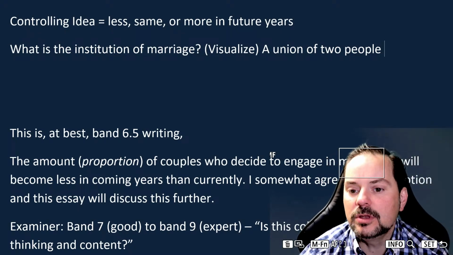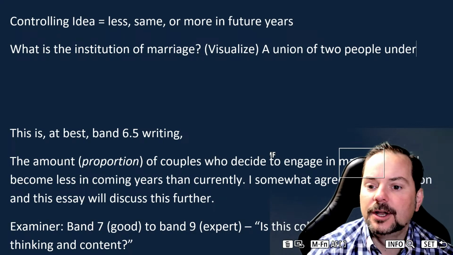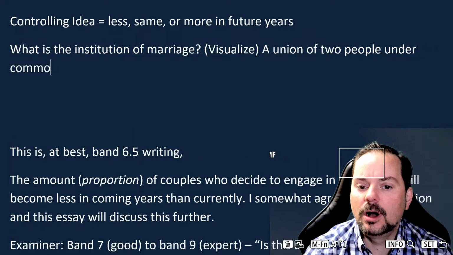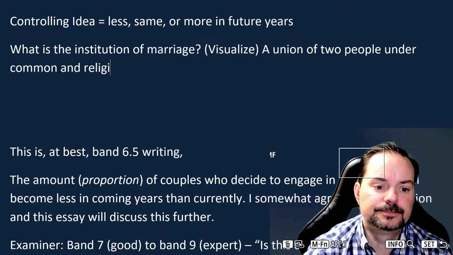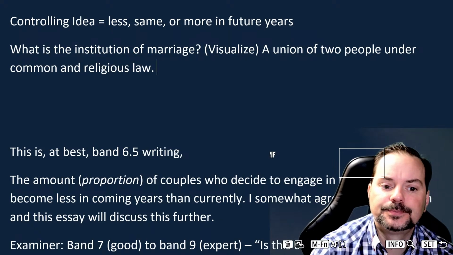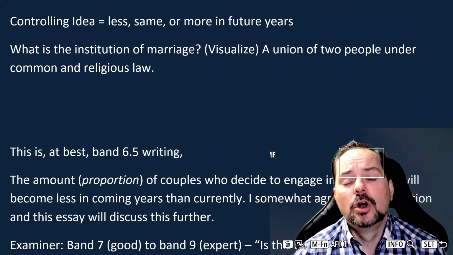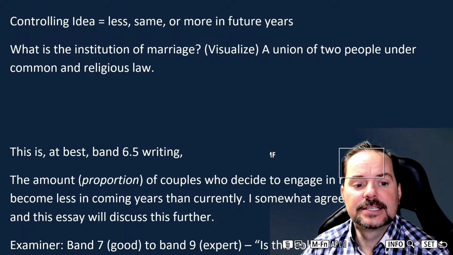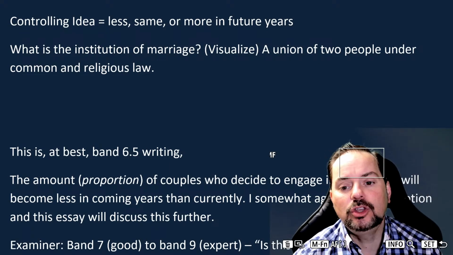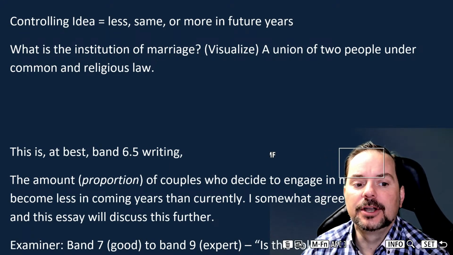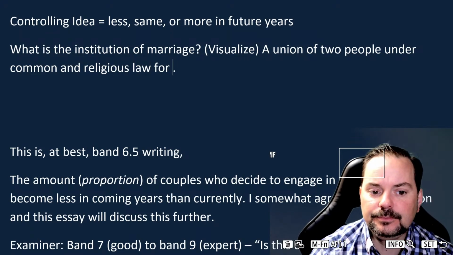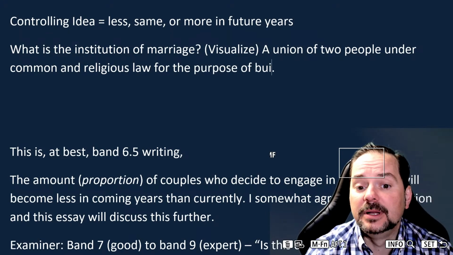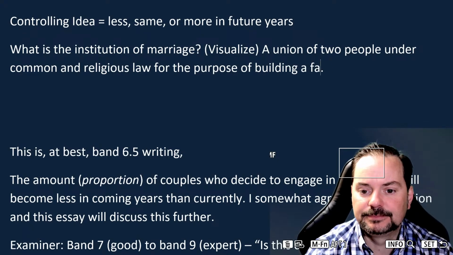It is a union of two people under common and religious law. Okay, so that is the institution of marriage. It's a union of two people under common and religious law for the purpose of building a family.